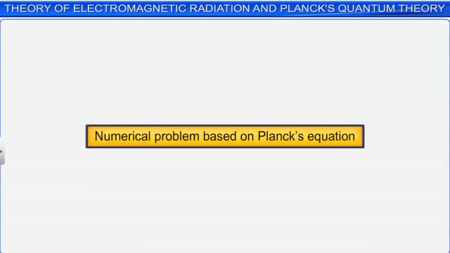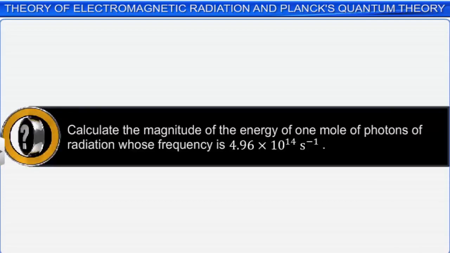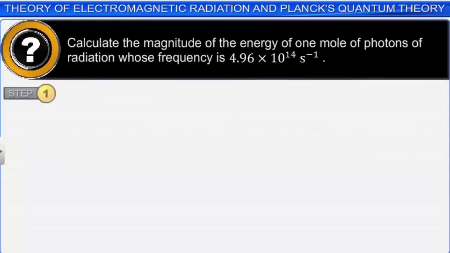Now let us solve a numerical problem based on Planck's equation. Calculate the magnitude of the energy of 1 mole of photons of radiation whose frequency is 4.96 × 10^14 per second. The first step involves writing the expression for the energy associated with one photon, that is, E equals h nu.